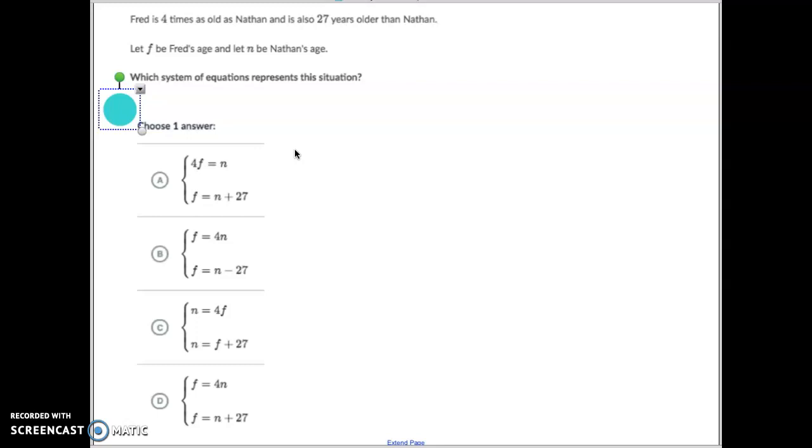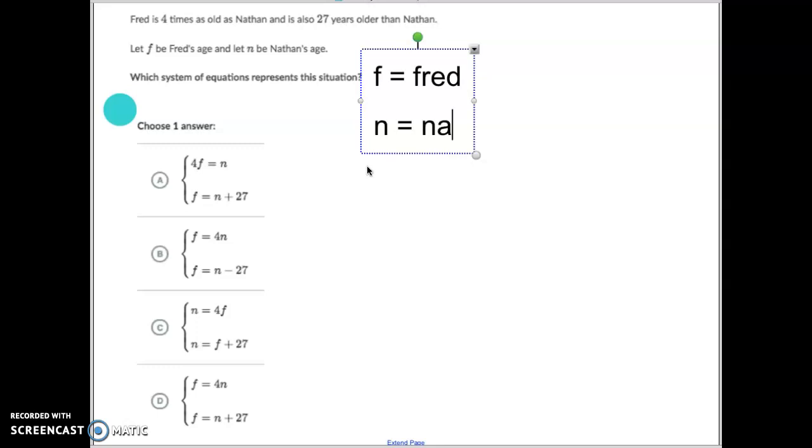Now, this problem says Fred, okay, we're just going to go F equals Fred, is 4 times as old as Nathan. So obviously N will equal Nathan. So we got Fred, we got Nathan.